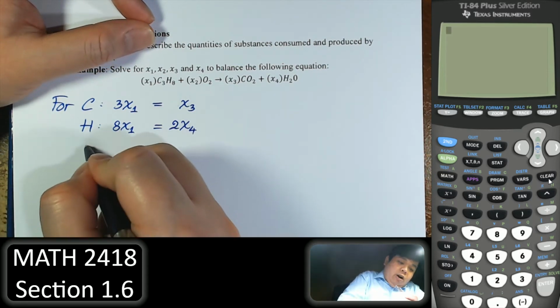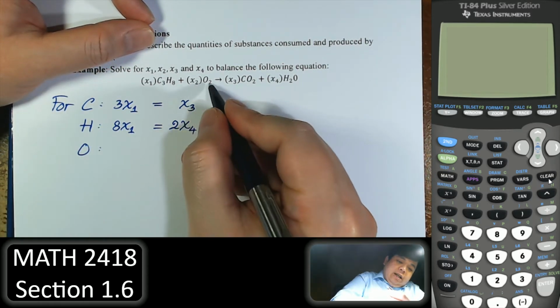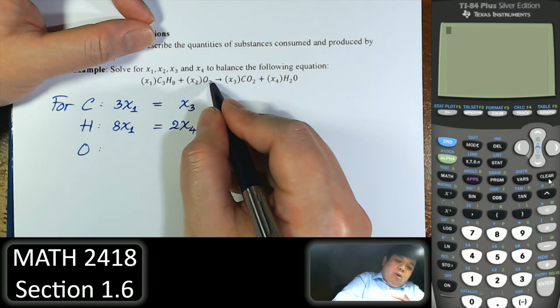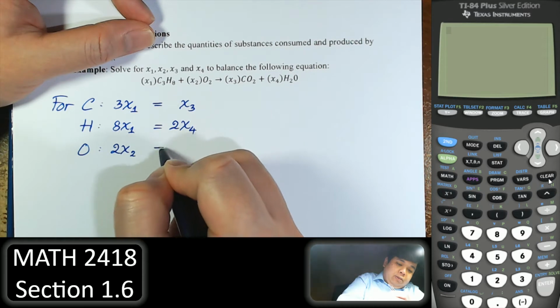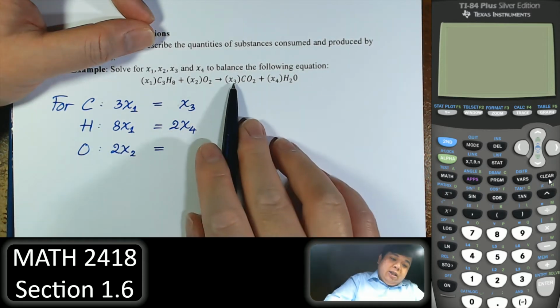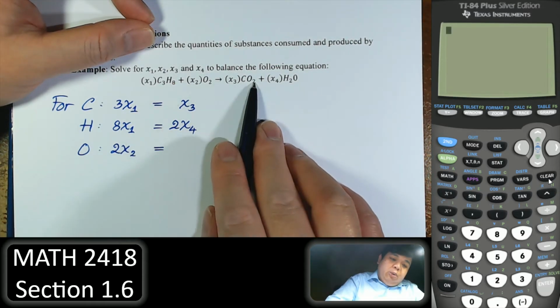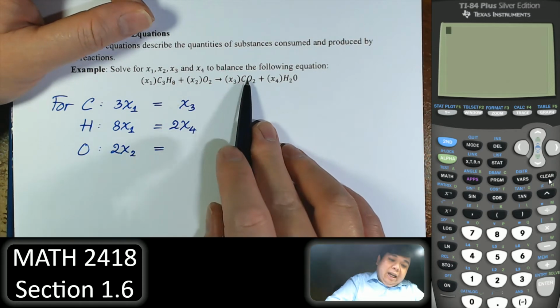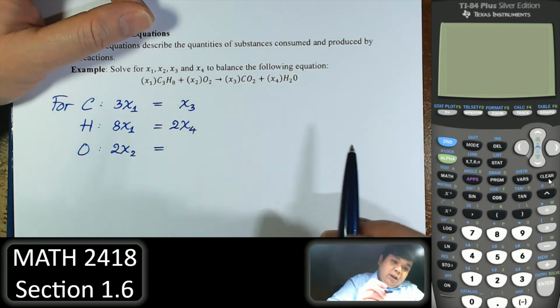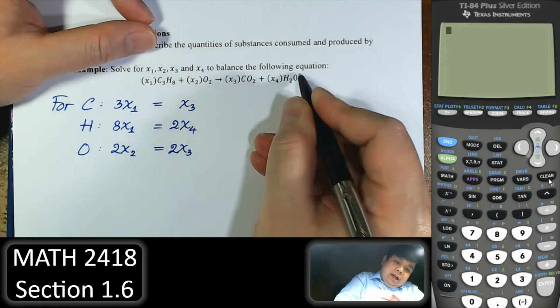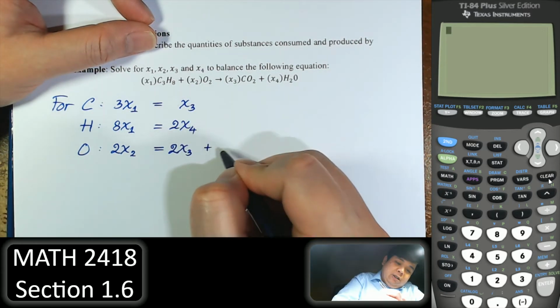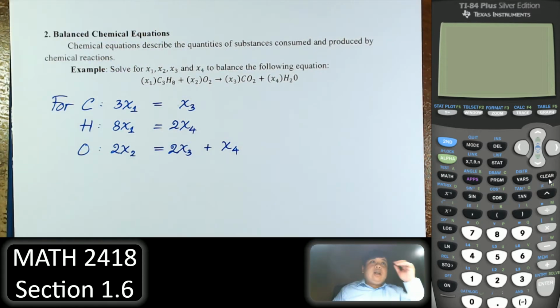For oxygen, there are 2 in each molecule of oxygen, so we have 2x2. On this side we have 2 oxygen in the molecule of carbon dioxide, so we have 2x3, and then 1 in water, x4. Alright, so that's what we have.